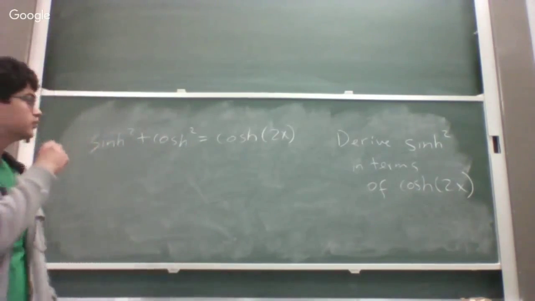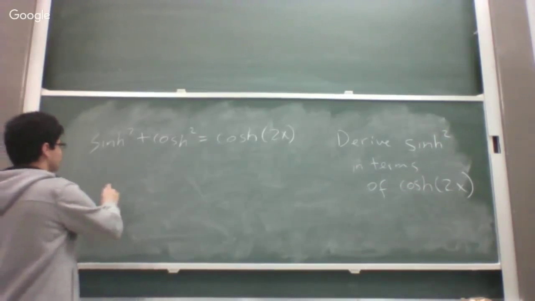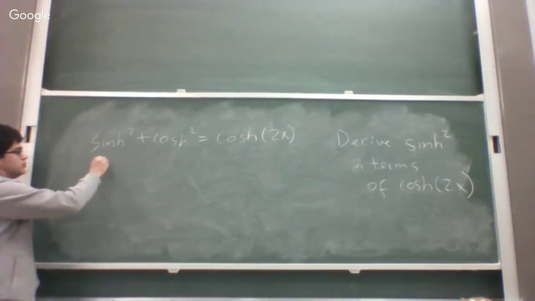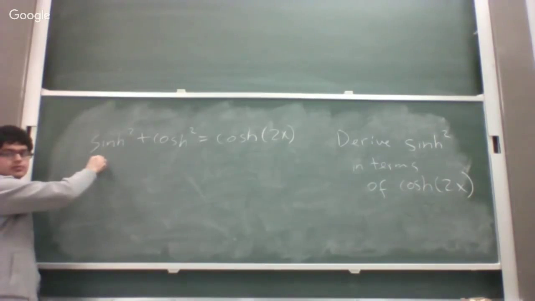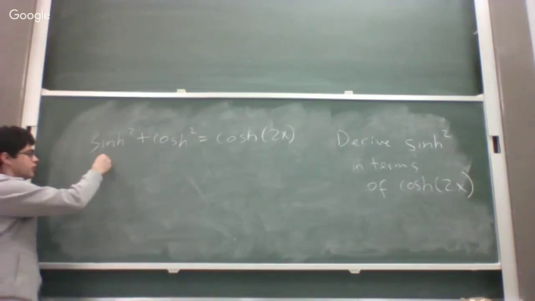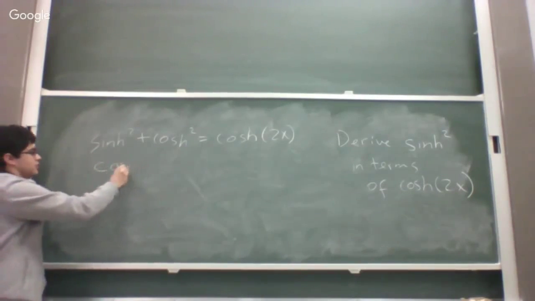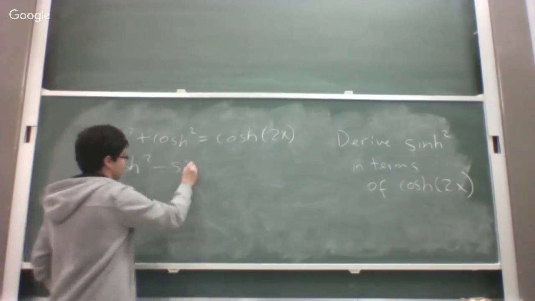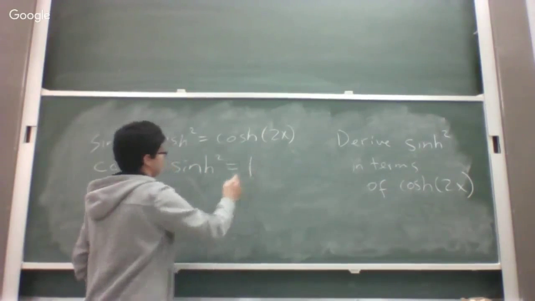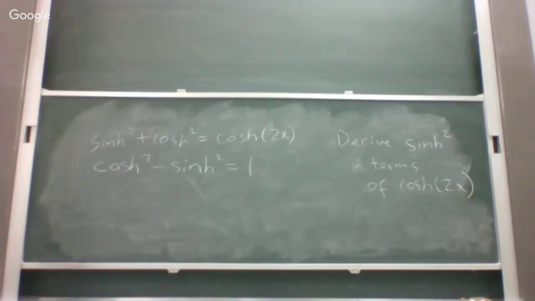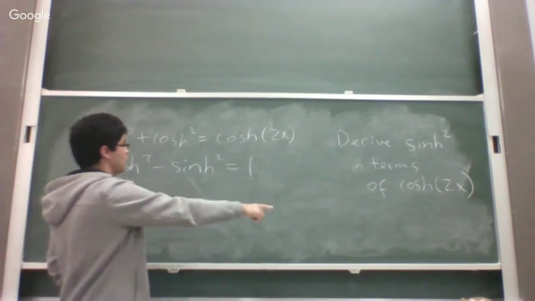What other identity do we know? I said it before, like the Pythagorean theorem version. So we have to derive sinh squared in terms of just cosh squared.